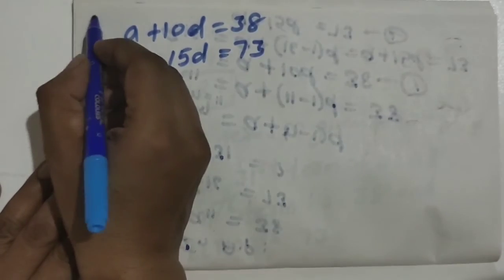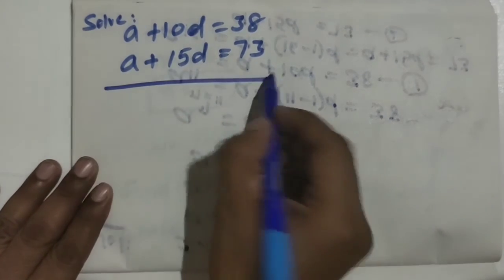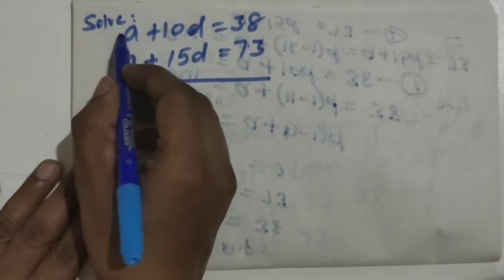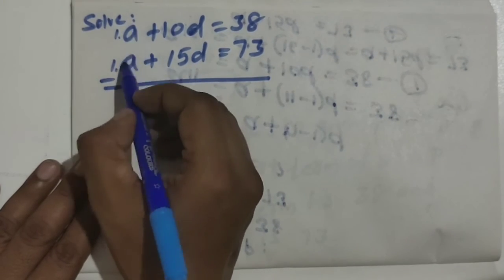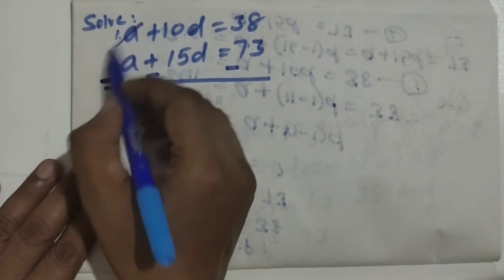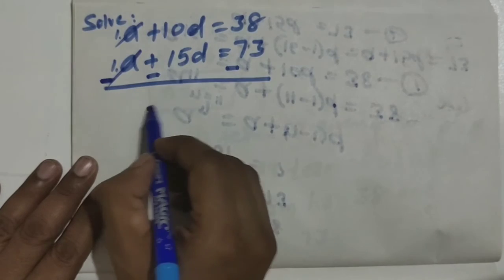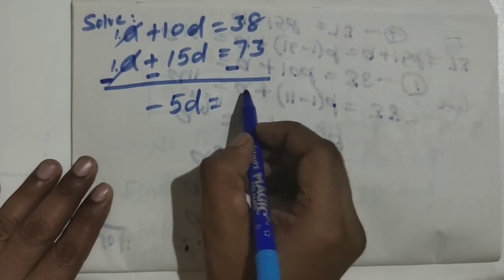To solve these two equations, again use the elimination method. Here the a coefficients are the same, so we can eliminate by using subtraction. Why? Because both have the same sign. So a gets cancelled, 10d minus 15d is minus 5d, and 38 minus 73.